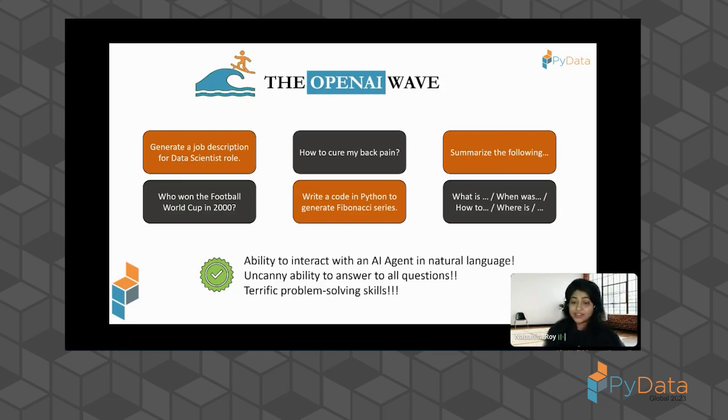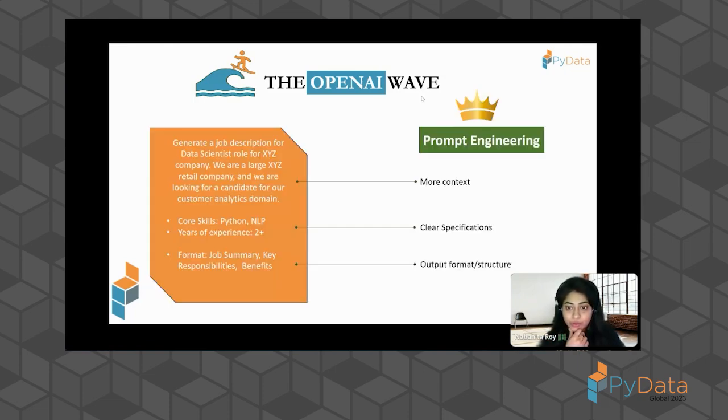Also, once I learned prompt engineering, I was surprised even more at how well, with proper guidance or proper prompt engineering, you can get the desired output, or make it do the thing that you want the LLM to do. So that's why there was this huge wave of OpenAI.